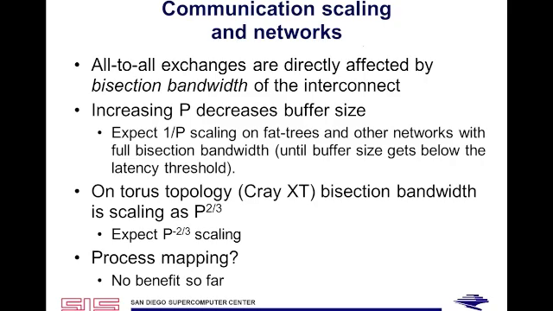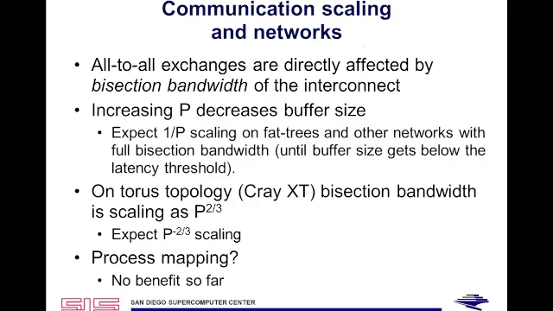On torus topology, such as Cray XT, for example, the bisection bandwidth scales as p to the power of 2/3. So the best we can ever hope to get is the inverse of that in terms of scaling. Well, what about process mapping?